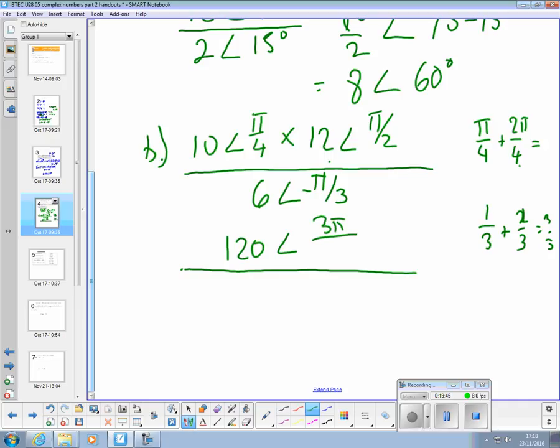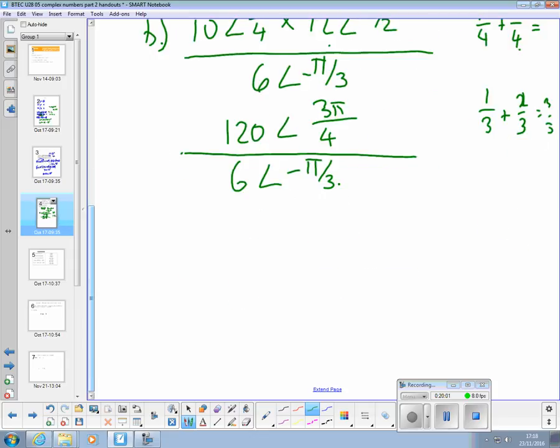That's pi quarters plus 2 pi quarters. Okay? Let's put our denominator back in. How do we finish that off now?